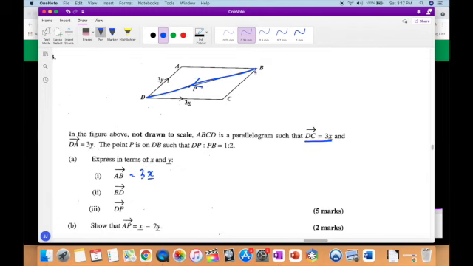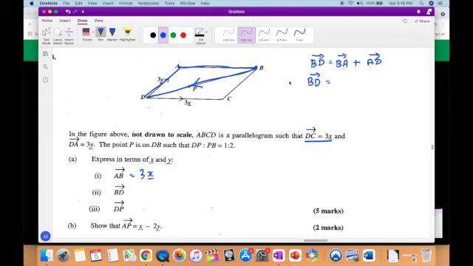If I want to drive from B to D and there's a roadblock, I would have to drive from B to A and A to D. So BD is equal to BA plus AD. Notice these two are the same and they could cancel off to give me BD.